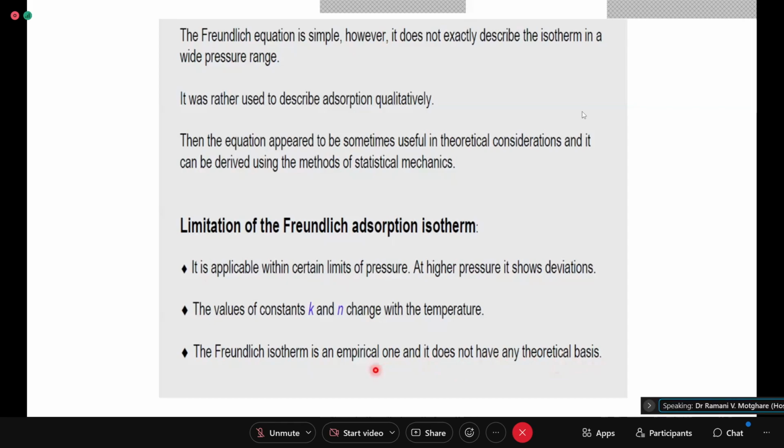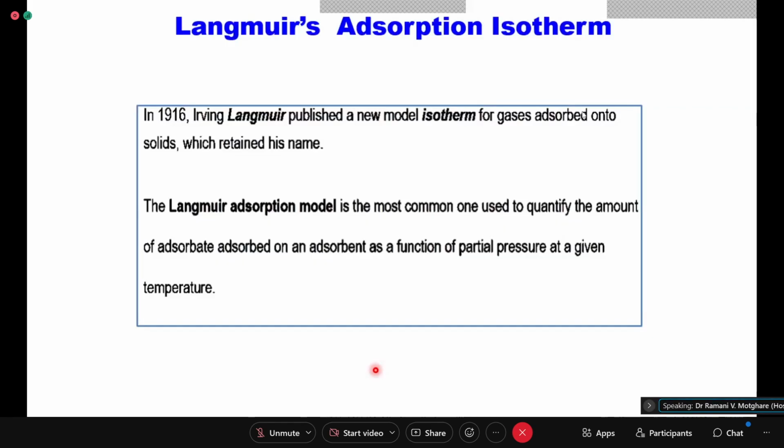That is why Langmuir, in 1916, gave his own assumptions for his own hypothesis. The Langmuir adsorption model is the most common one used to quantify the amount of adsorbate adsorbed on the adsorbent as a function of partial pressure at a given temperature.